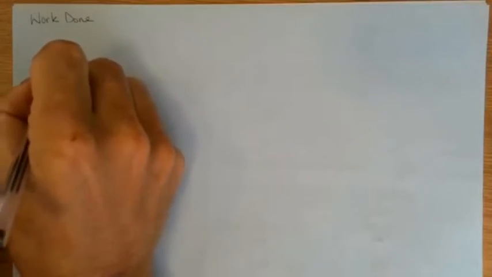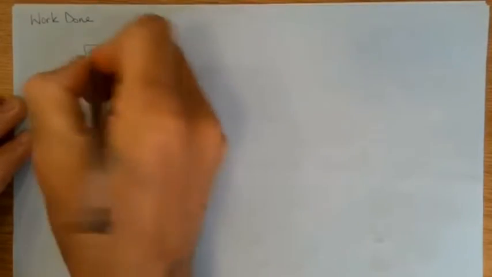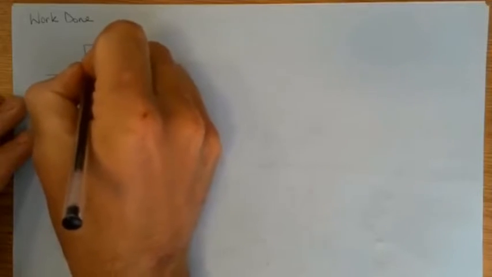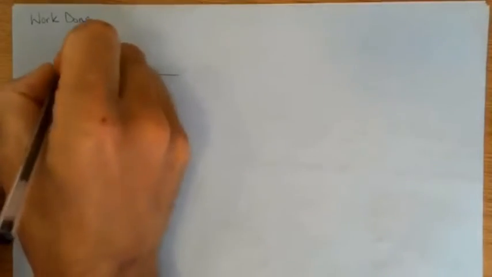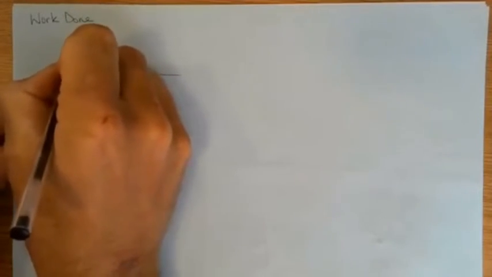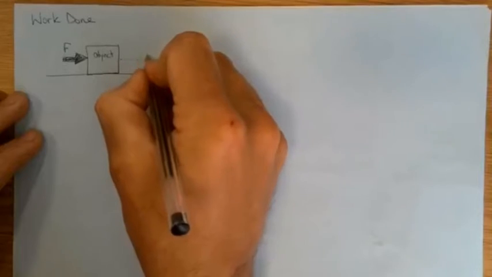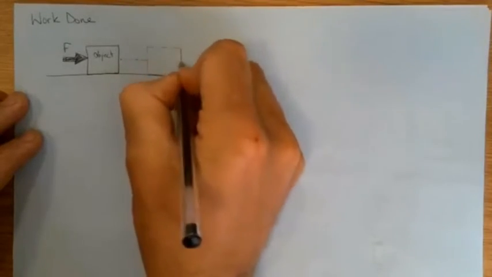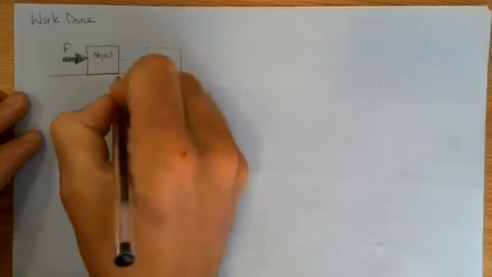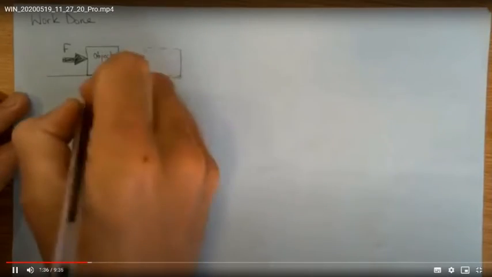So let's say that I've got an object which is on the floor, and in order to get the object to move, I've got to apply some force F, and by doing that the object moves, and now it's here and it's moved from there to there, some distance.